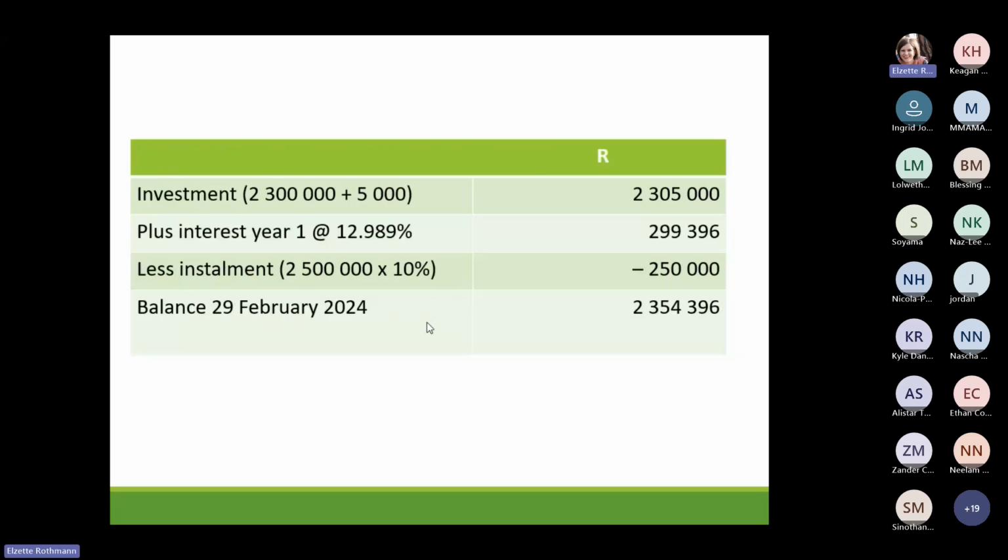Okay, so on my next slide, the investment is the present value that you started with. Your interest for year one, this 299396, should be on your calculator. It says interest. Then your installment is the same as your payment in your calculation.